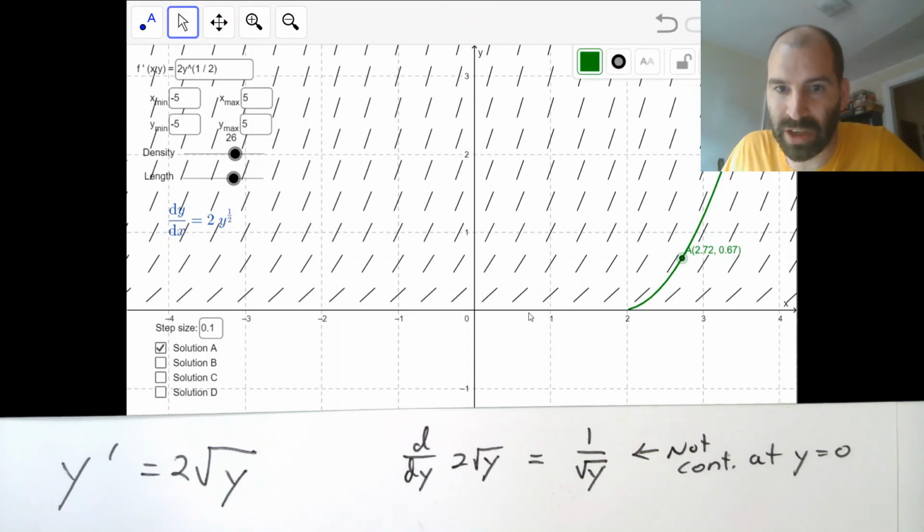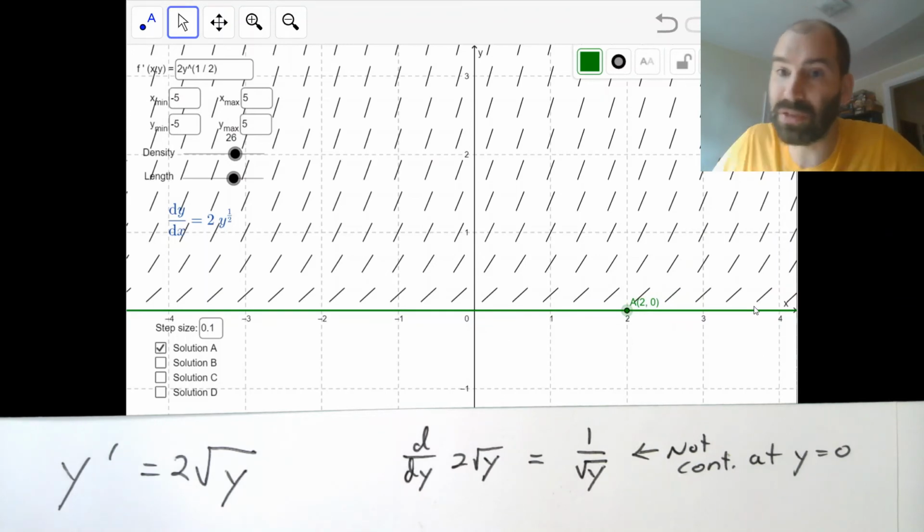The computer's not drawing it, because the computer's too dumb, right? But we know that there's a solution that is horizontal up until we get to here, and then lifts off, and then comes up this way. And we're seeing this right part of it. That's one solution. And another solution is the one that's just horizontal all the way across.